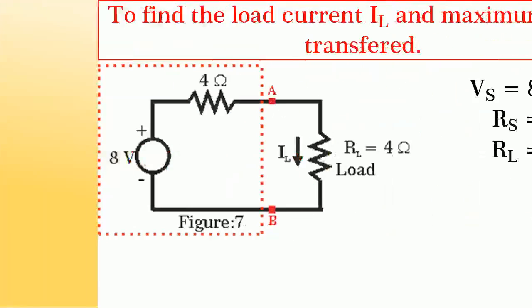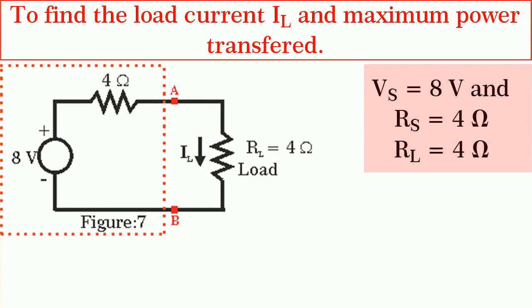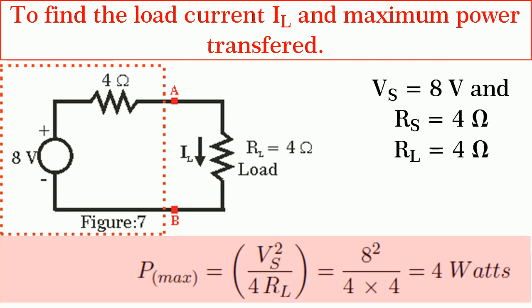And we also know that V Thevenin is equal to Vs is equal to 8 volts. By drawing the Thevenin's equivalent circuit across the load branch, we get the circuit as shown in figure. We know that P max is equal to Vs squared divided by 4RL and that is equal to 8 squared divided by 4 into 4 which will give us 4 watts.